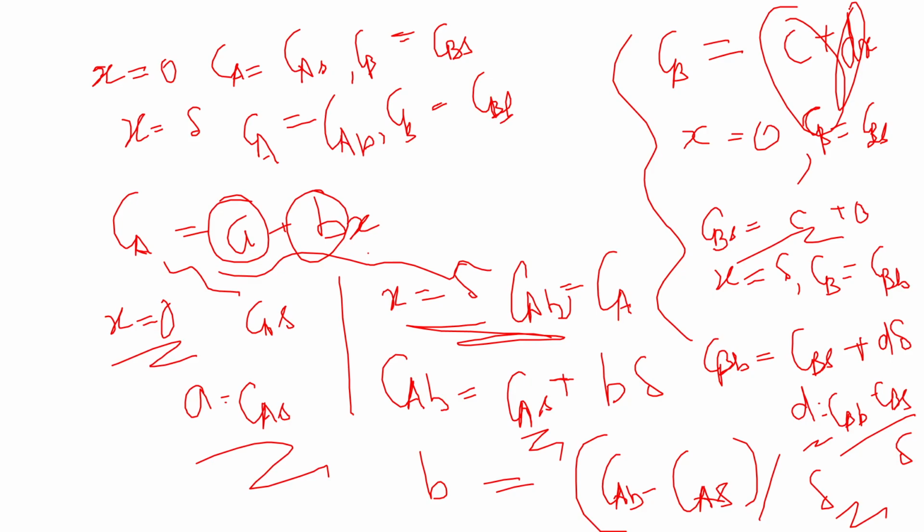Is this enough? Which value is not known still? I have everything expressed in terms of CAB, CAS, and so on. But I still don't know the concentration of the material at the electrode-electrolyte interface. That is, CAS and CBS are unknown, which have to be found out.